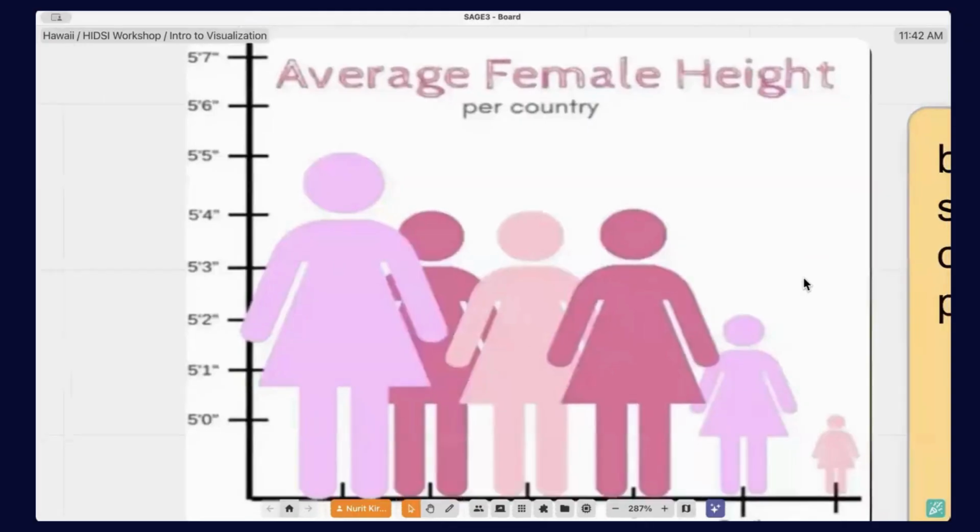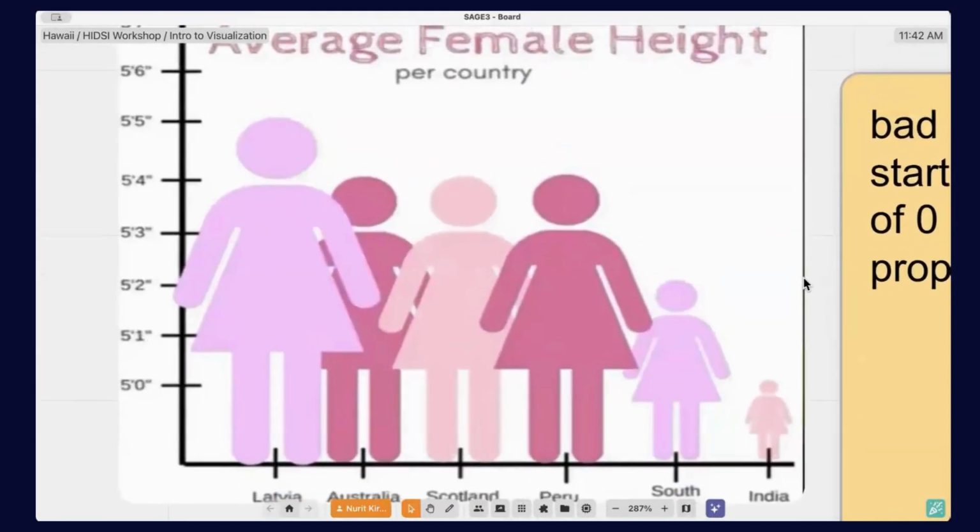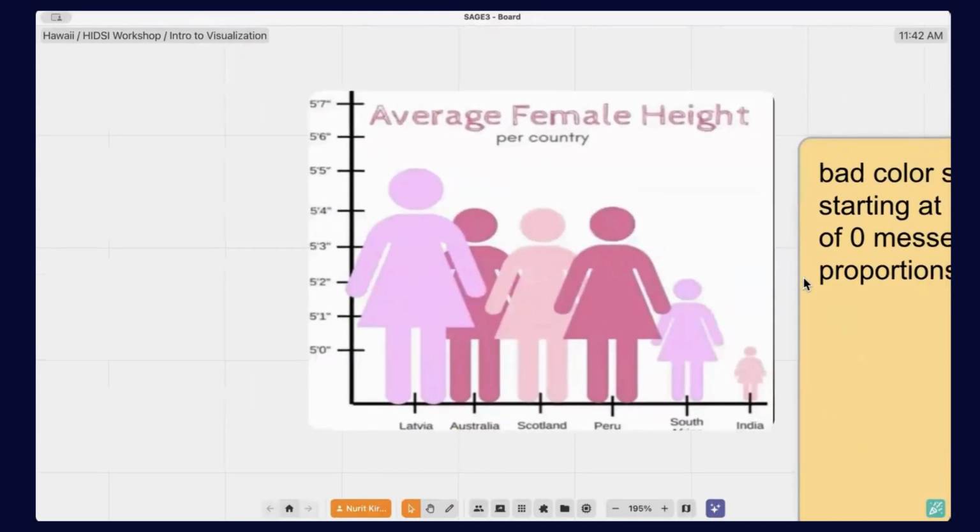This is kind of memed a little while ago because it's so bad. I think you guys can probably assume that the Indian ladies are not tiny in comparison to their friends, the giant Latvians, right?